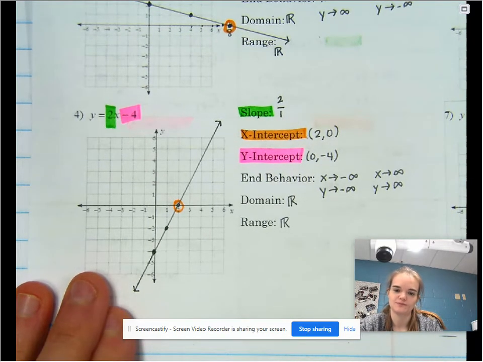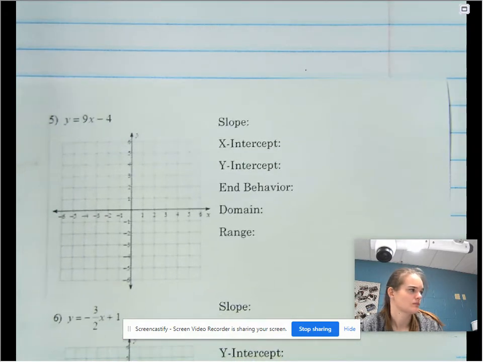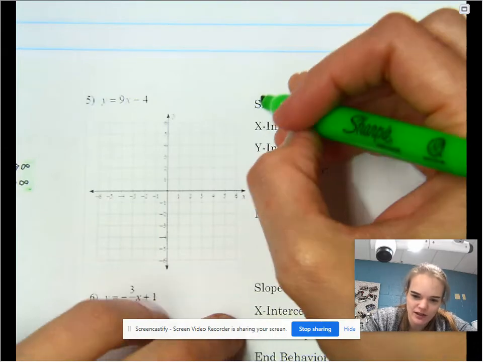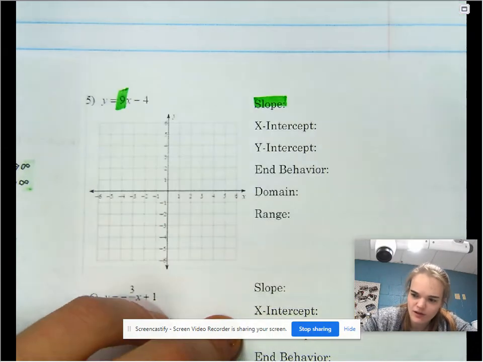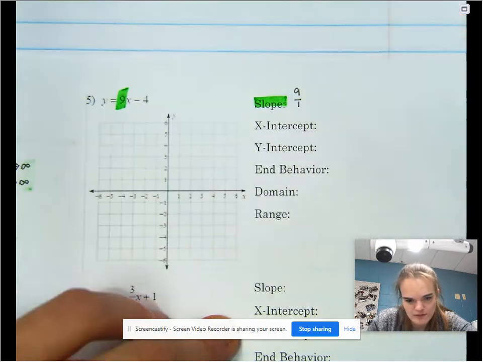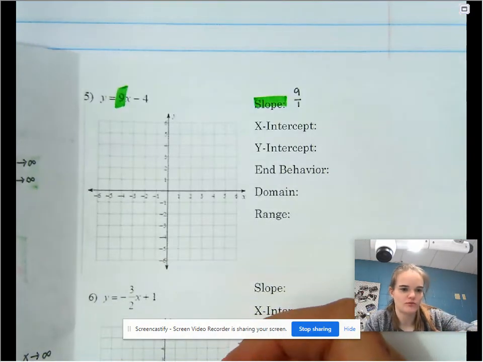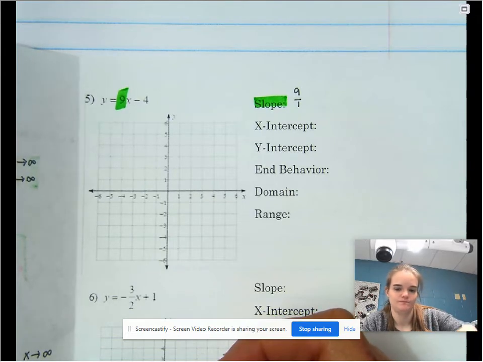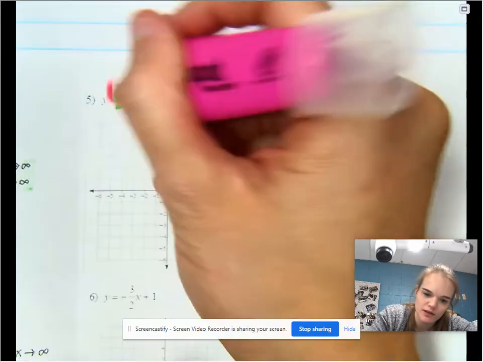Okay, number 5. Slope is 9. That might be a problem. We might not have enough room on our graph. Remember, I need a fraction, so 9 over 1. Y-intercept is -4.